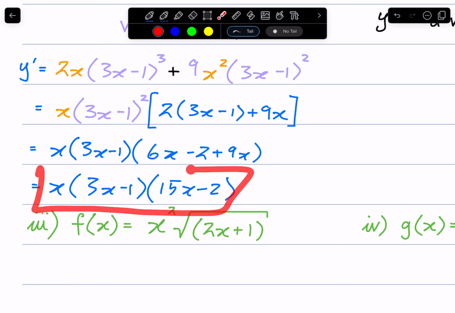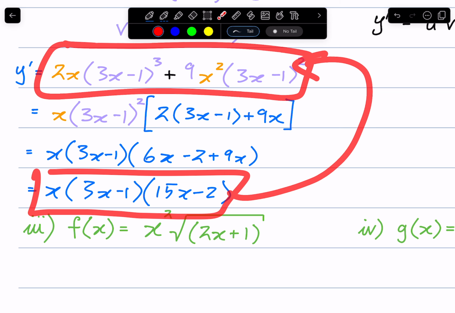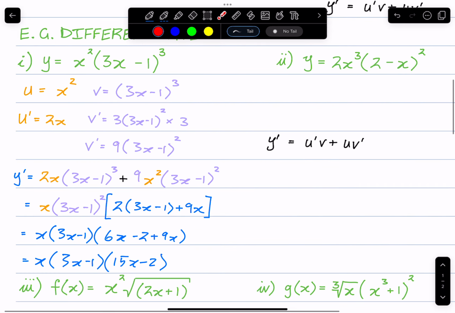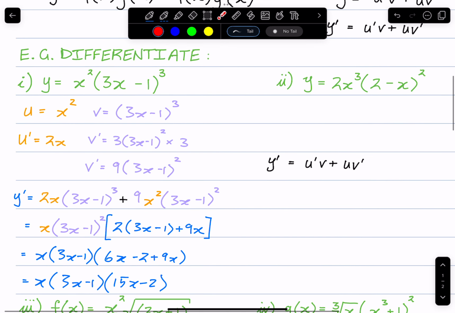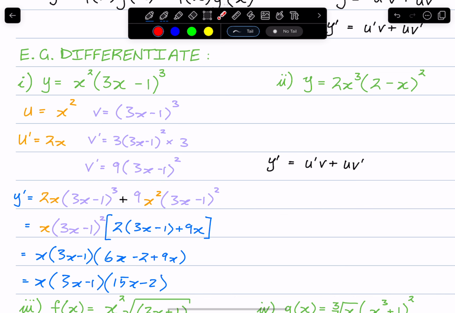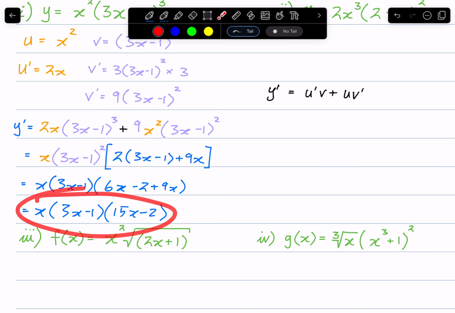So this expression is just the simplified version of this one. Okay, so I hope that gave you an insight with how this product rule works. But remember, from this point it is just the derivative already. All I did here was just simplify further.